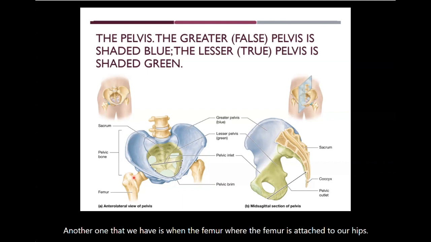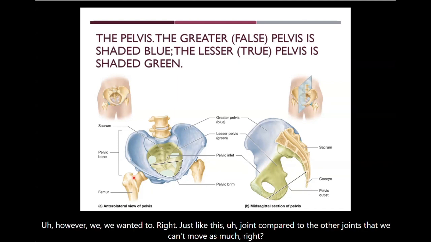Another one is where the femur is attached to our hips, right? That's another ball and socket joint because we can move our legs however we want, compared to the other joints that we can't move as much, right?